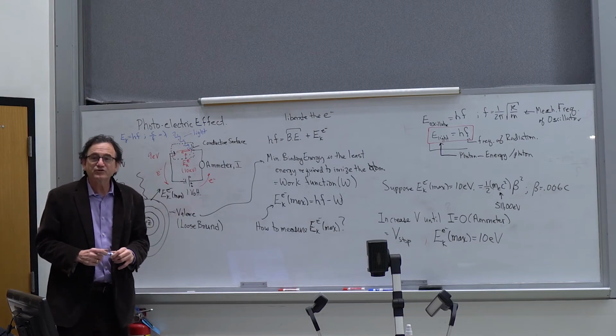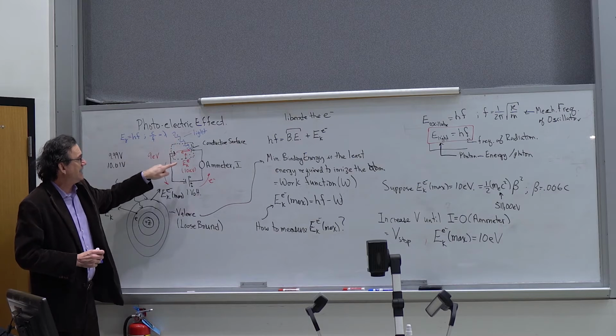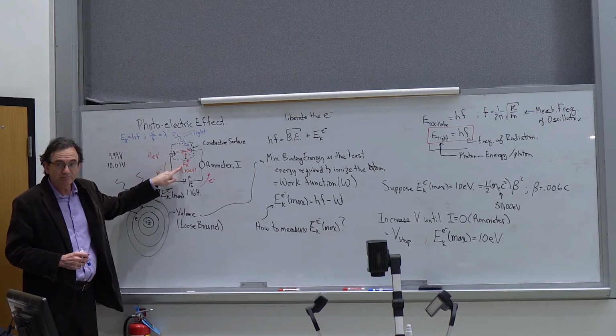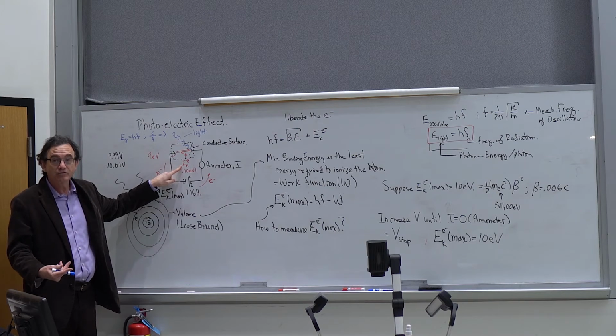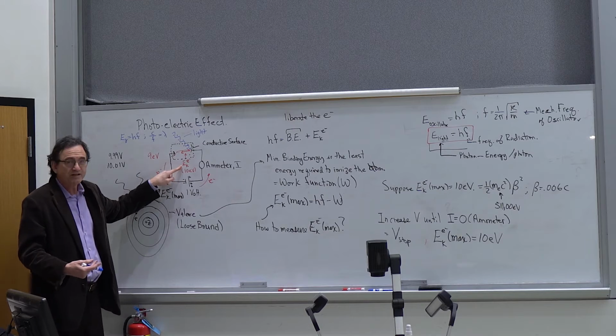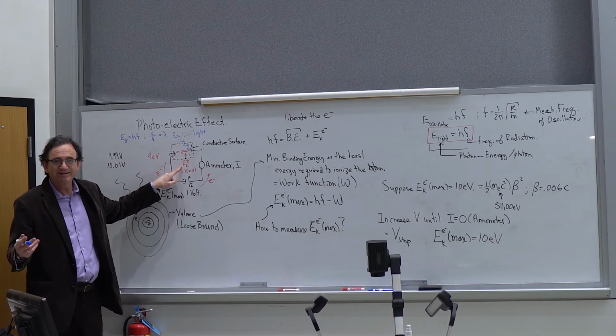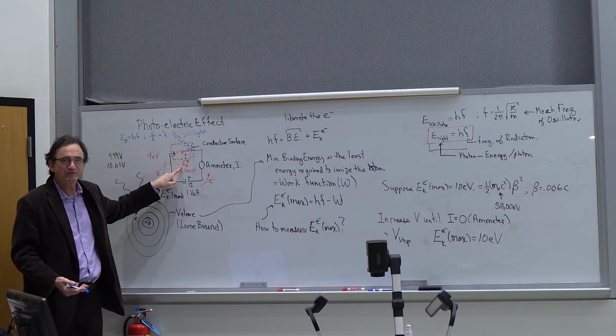Okay. The classical picture is if I increase the intensity of the light, I get more energy of this electron. And how do I increase intensity? I increase the amplitude of the electric field. Right? That's going to be on your test Thursday, so make sure you know that. Intensity is proportional to the square of the electric field amplitude.